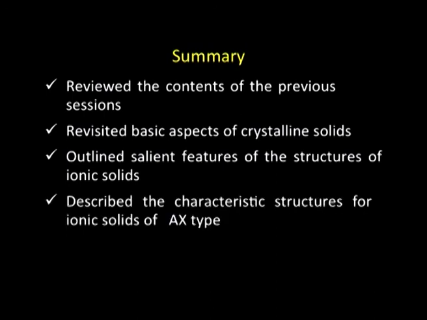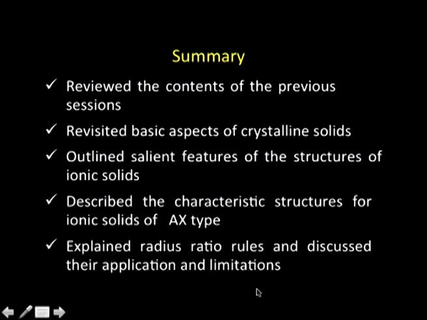Having done that, we came down to the specific structures adopted by ionic solids of AX type, wherein we talked about 3 structures primarily, that is cesium chloride, sodium chloride and zinc sulfide, that is the wurtzite structure. Thereafter, we brought in the concept of radius ratio and explained the radius ratio rules.